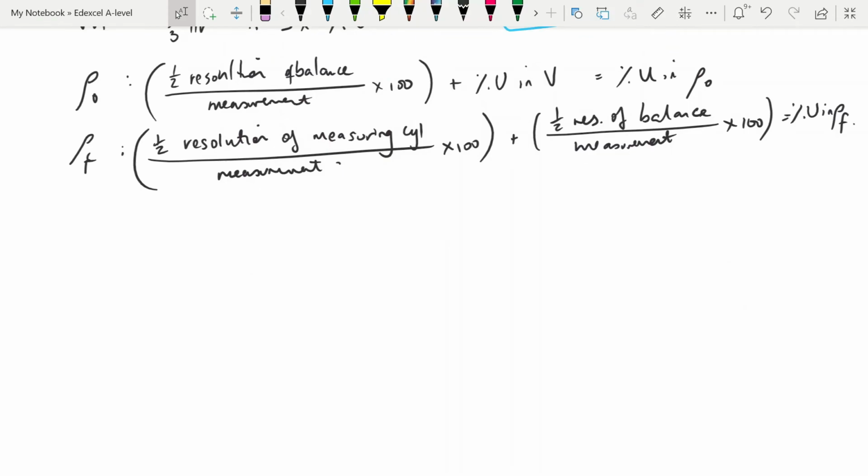So what do you do now? Like I said, Edexcel don't have actual guidelines for calculated values like this. Anytime we subtract quantities, we tend to use the absolute uncertainties because those uncertainties will be in the same unit. So what we really need is to convert these percentage uncertainties into absolute uncertainties.